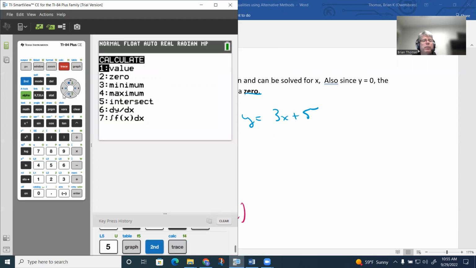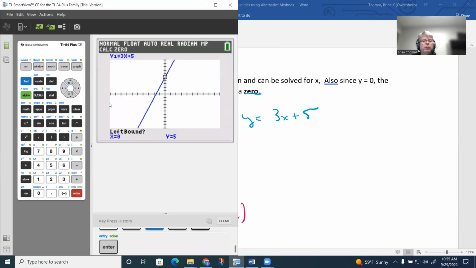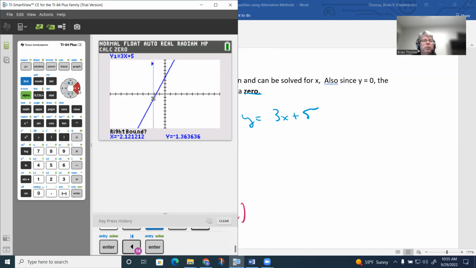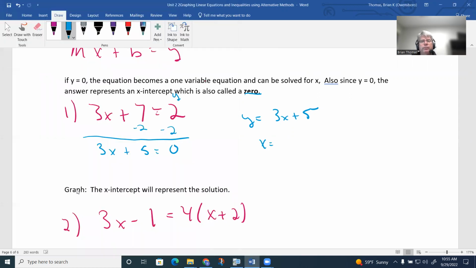Number 2 represents an x-intercept or 0. If it says left bound, I have to move left of the x-intercept and hit enter. Then I move right of the x-intercept and hit enter again, and that gives me negative 1.667. So that'll be our answer. X would equal negative 1.667.